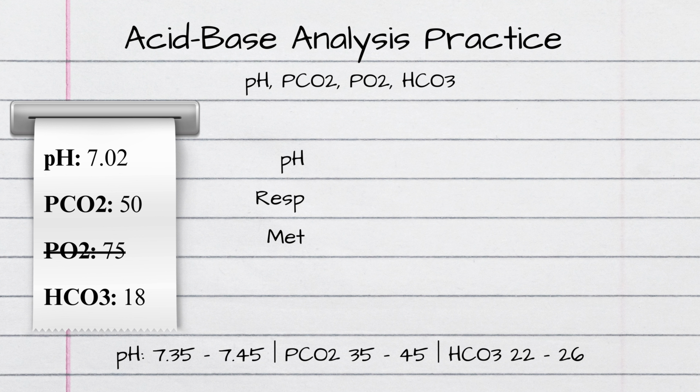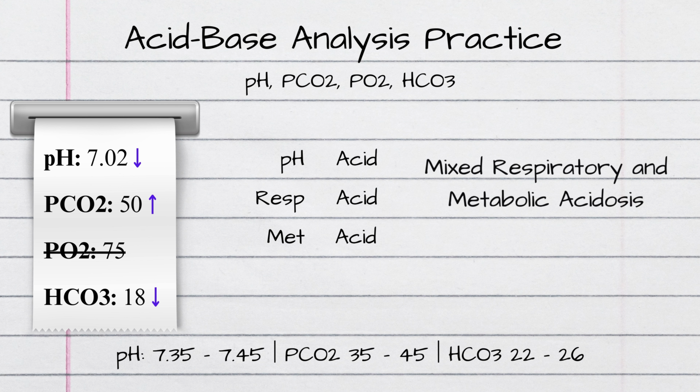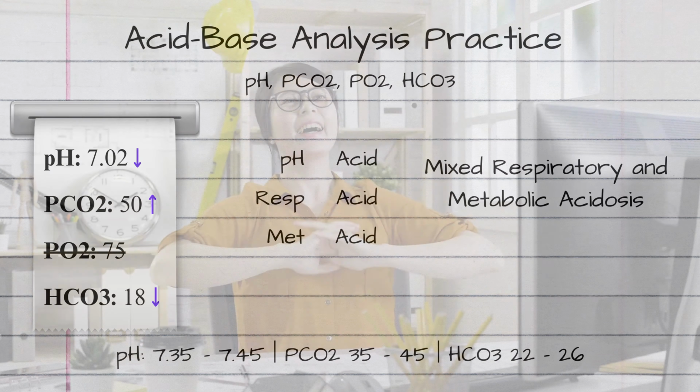Let's try one more for funsies. The pH looks like an acid, the respiratory is an acid, and the metabolic process is also an acid. This is a little different. What do we call this one? Since both the respiratory and metabolic processes are an acid, this one is called a mixed respiratory and metabolic acidosis.